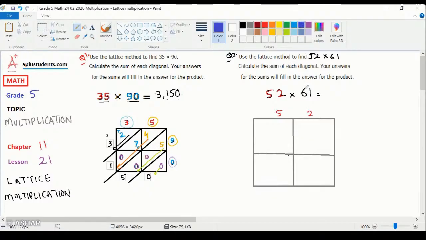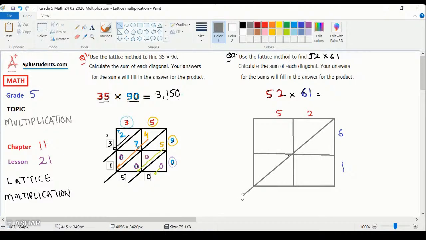If this was 61, we can write 6 and 1. What we need to remember is we need to make a diagonal for each box. Let me copy this so that I may be able to read. Let's make a diagonal for each box first.